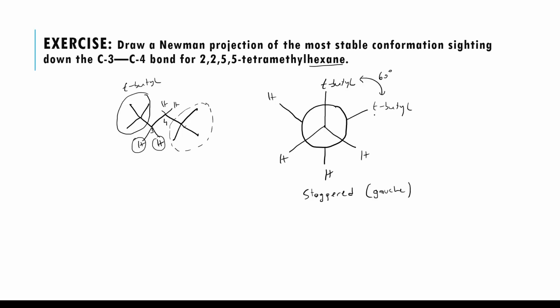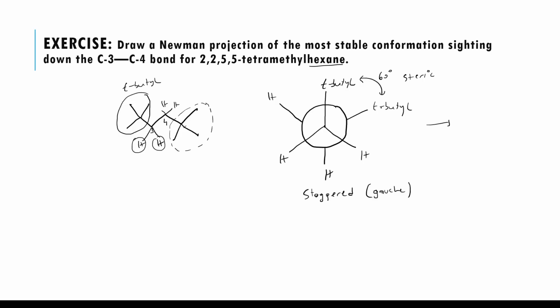When we have bulky groups next to each other with a 60-degree dihedral angle, we call this a gauche conformer, and there is always steric strain associated with this interaction because these are big groups, not like hydrogens. So they interact sterically. There is going to be a strain. So this specific conformer may not be the most stable one.